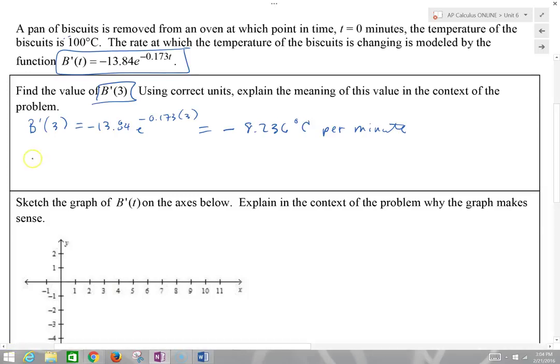This represents that at time equals 3 minutes, the temperature is decreasing by 8.236 degrees Celsius.